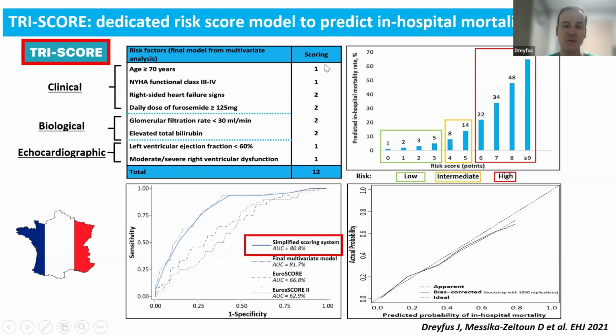The score ranges from 0 to 12 points, knowing that when you have 0 points, predicted in-hospital mortality rate is 1%, and that this rate increases up to 65% when you have at least 9 points.